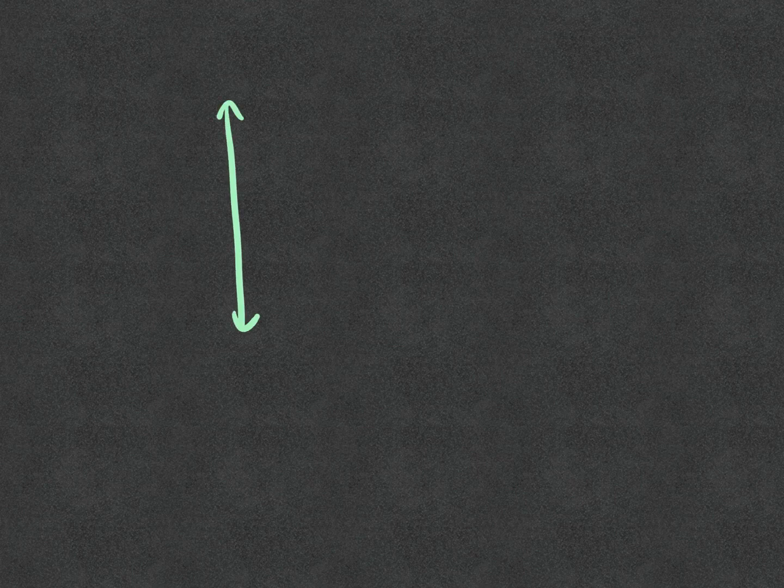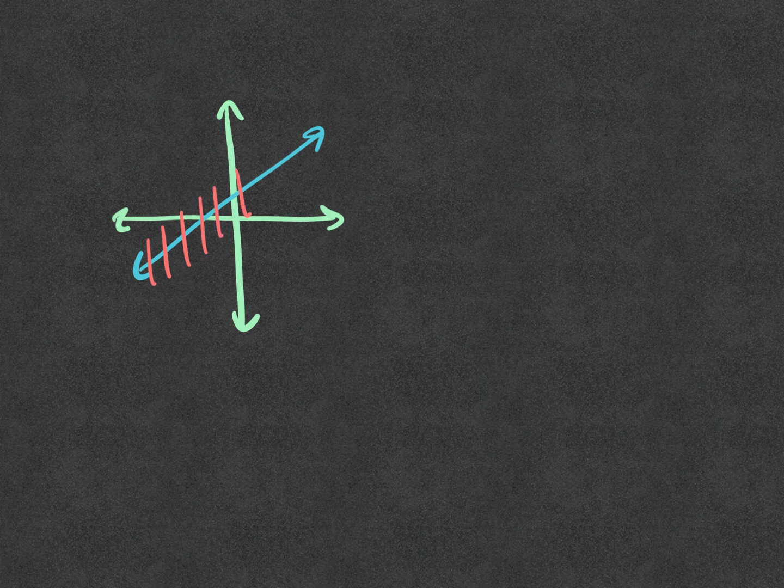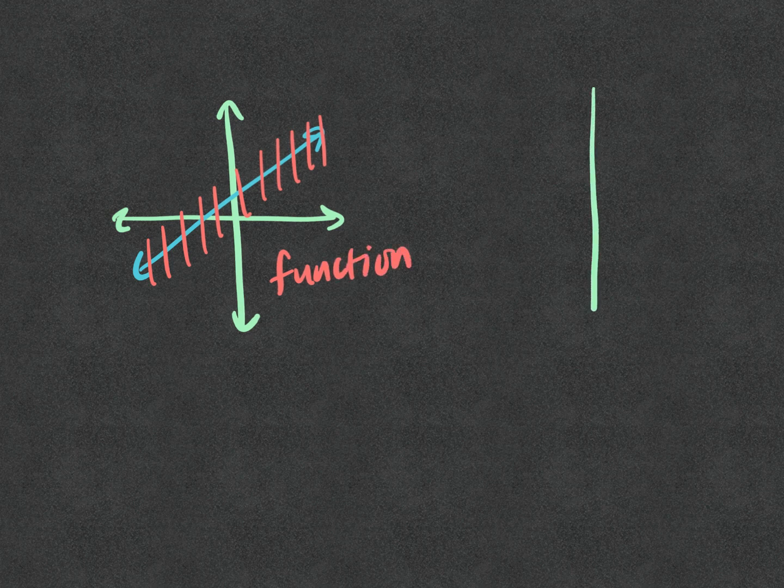Here we have our y-axis and our x-axis. And this blue graph right here is going to be our line. We're going to use the red to look at vertical lines. Every vertical line I draw touches this graph exactly once, so this is a function. Let's look at our x-axis and y-axis, arrows all the way around.